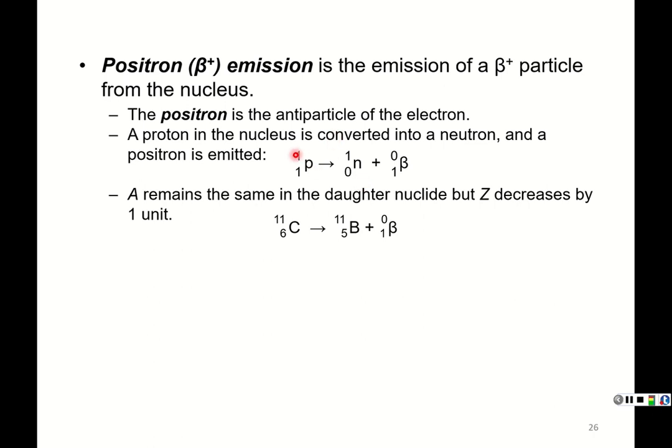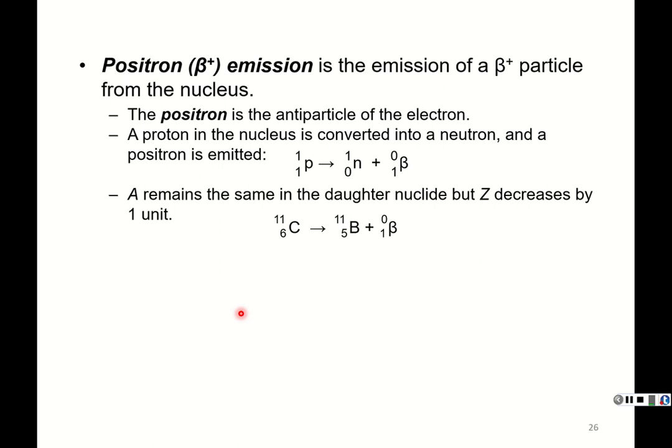So now instead of a neutron going to a proton, we have a proton going to a neutron, and that would elicit the release of that positron. Okay. And the symbol again is beta. So resist the urge to call this a beta particle because it's +1 down here and not a -1. So we call this a positron.